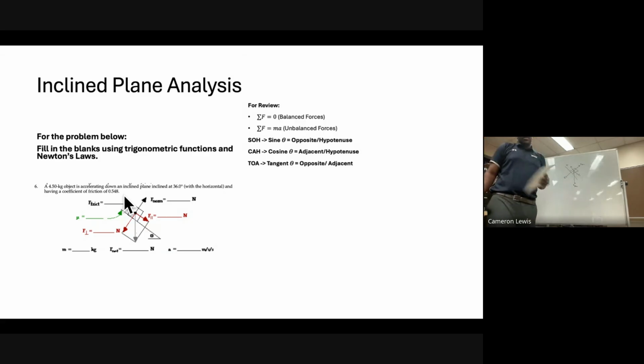Now, what are they telling us? This object is accelerating down an inclined plane at 36 degrees with the horizontal. It has a coefficient of friction of 0.548.